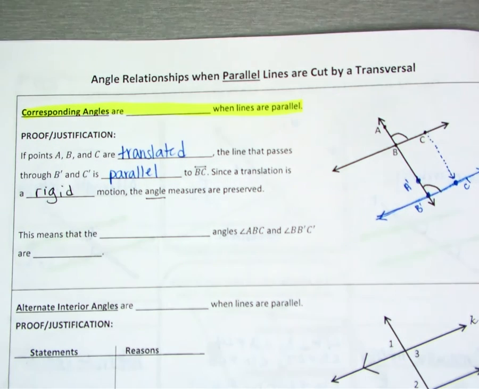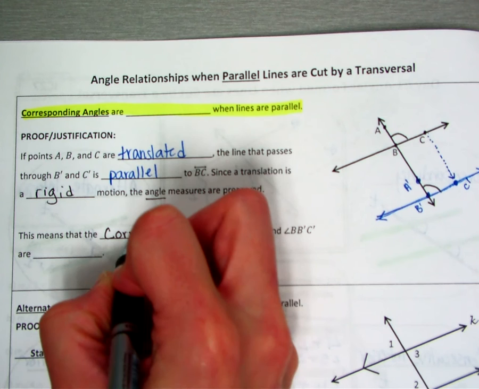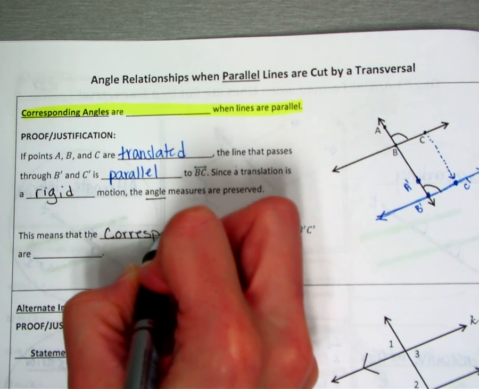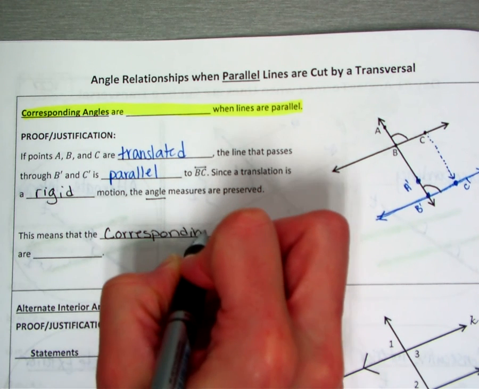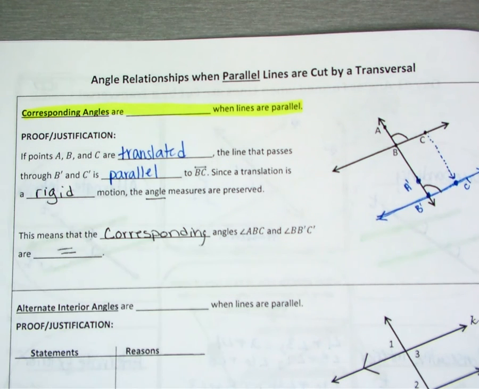Those angle measures stayed the same. And because they stayed the same, that means these corresponding angles are equal to each other. But they're only equal because of the fact that I made parallel lines.